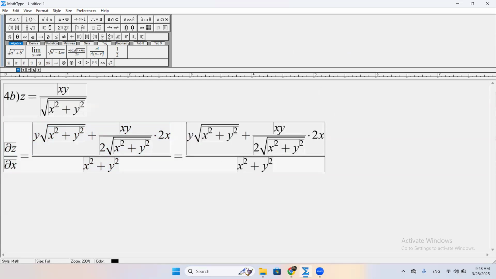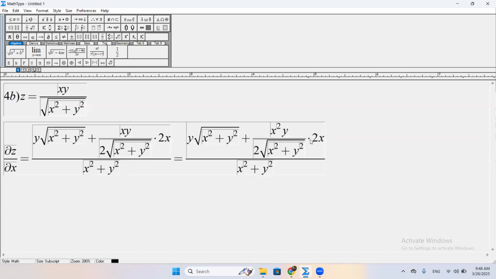I will write the square here, and I can also cancel 2. We can also move to the common denominator, and the expression should be simplified. So let me multiply both the numerator and denominator by this square root.